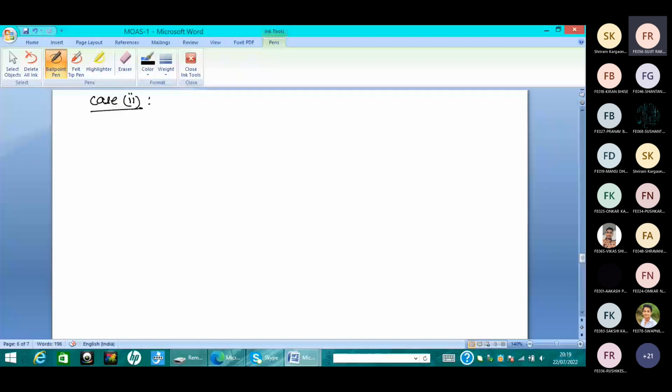Tie means when two students get the same marks, we say there is a tie. Or when both teams score the same runs, you say there is a tie, right? The same meaning. So let's take an example.